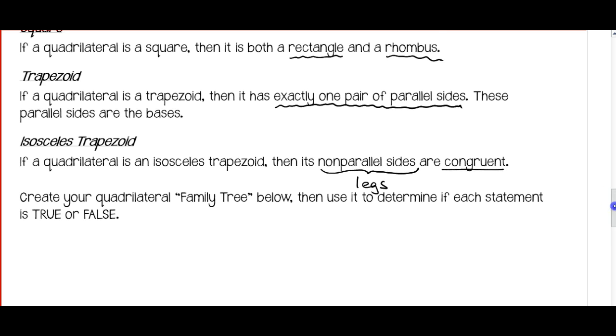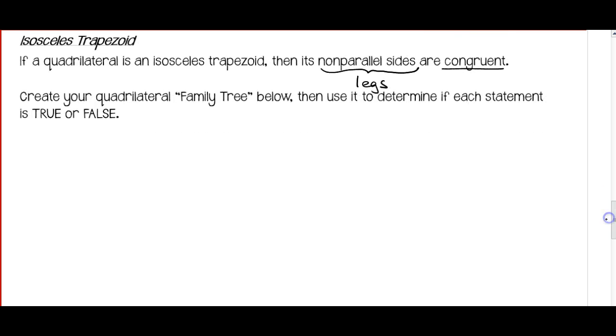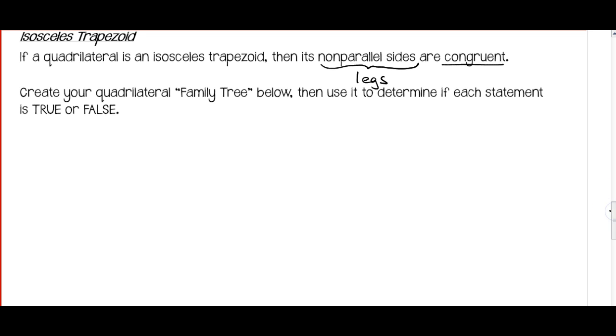Okay, so what I want you to do in this space below is draw a family tree of these quadrilaterals. We're going to start out here with our garden variety quadrilateral.